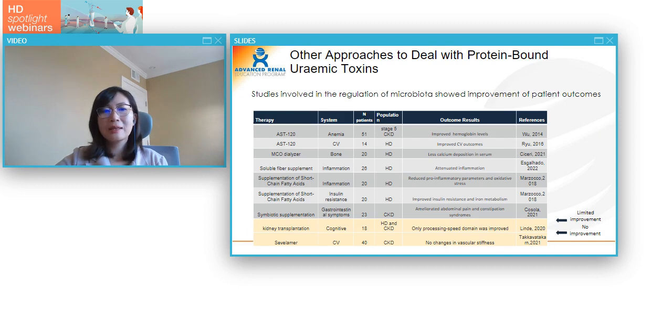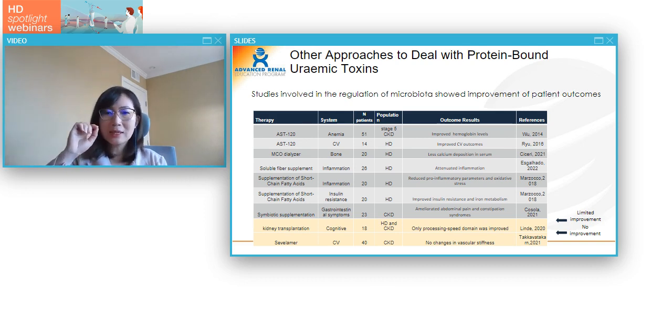So since we can't depend on making the pore size larger to lower the levels of protein-bound uremic toxins, we will have to depend on other possible avenues, such as controlling their production through manipulating microbiota metabolism. There are a lot more studies on this topic than shown here. Most of them showed efficient lowering of toxin levels as an outcome.